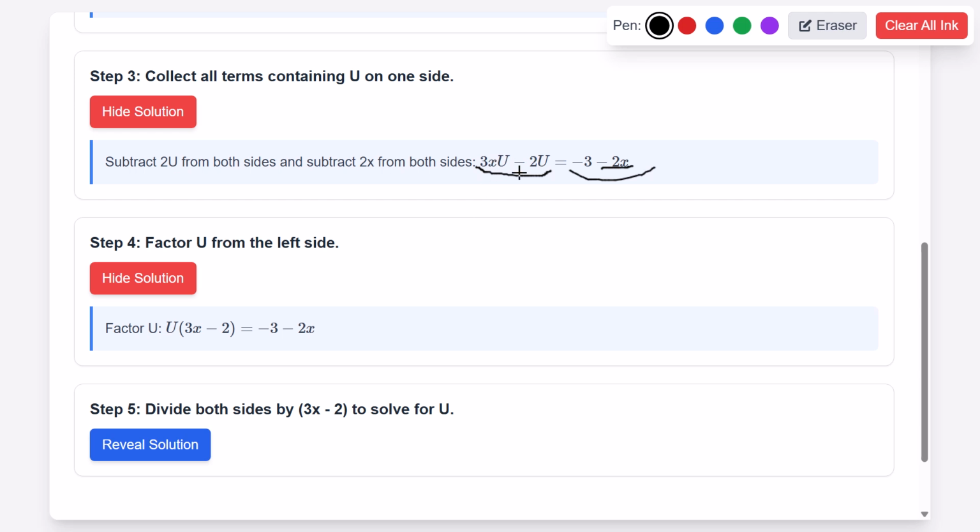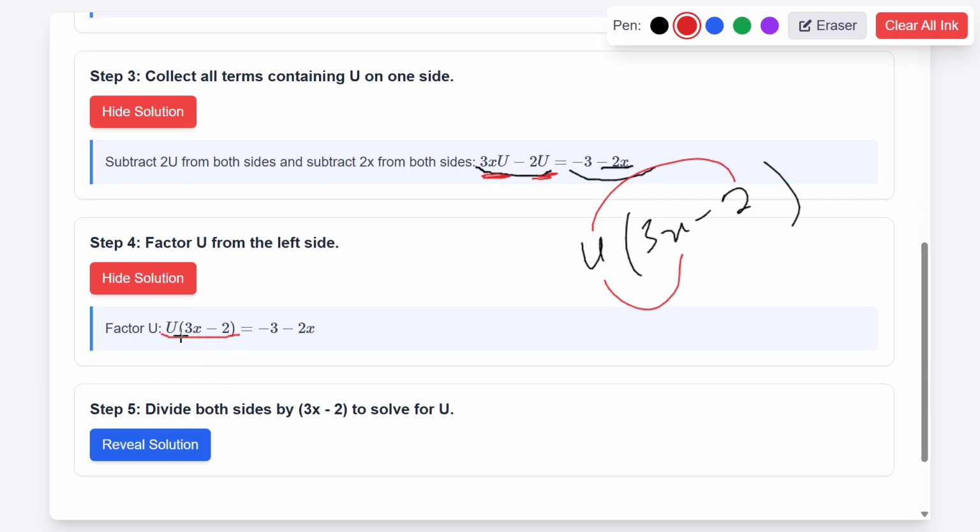So when the u comes out, we'll be left with u then 3x minus 2. So now the u comes out of the terms over there. So when I multiply the u and the 3x, I'm going to get back this over here. And when I multiply the u by the 2, I'll get back this. So this is how to factor out a variable. So I have factored the u out, and we had this.